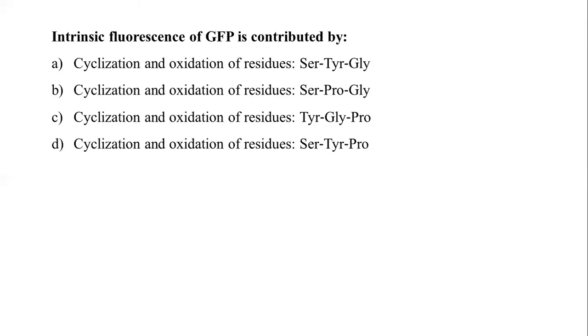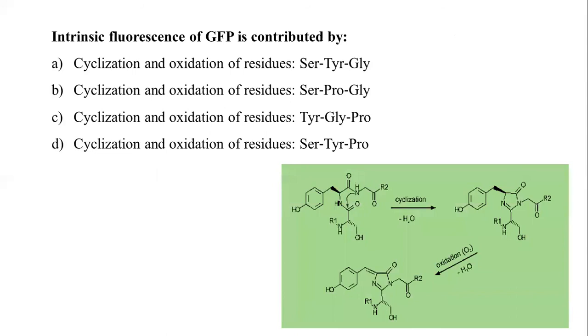The next question is, intrinsic fluorescence of GFP is contributed by. The intrinsic fluorescence of GFP, or the green fluorescent protein, this particular protein has 3 amino acids that form a fluorophore. It consists of residues 65 to 67, the serine, dihydrotyrosine, and glycine.